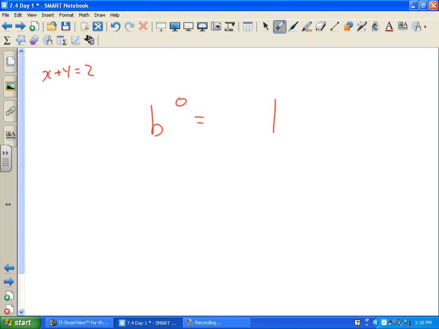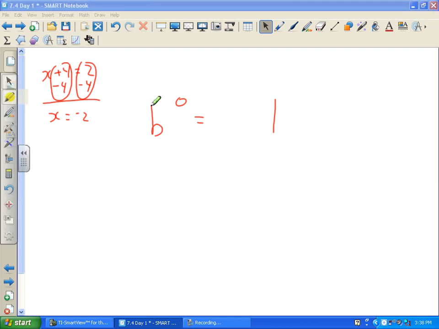We say opposite, inverse, kind of same thing. Positive 4, I will subtract 4 from both sides of the equation, and that will give me x equals negative 2. Again, I'm doing the opposite. I'm undoing what needs to be done in order to solve that equation. And something that has held true ever since pre-algebra, if you do it to one side of the equation, you've got to do it to the other side of the equation.